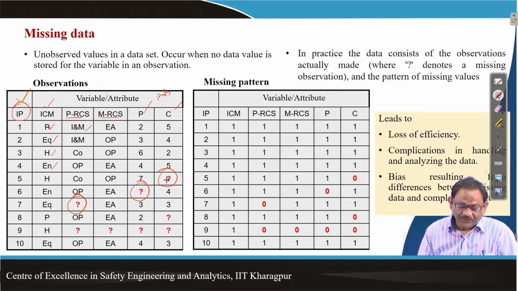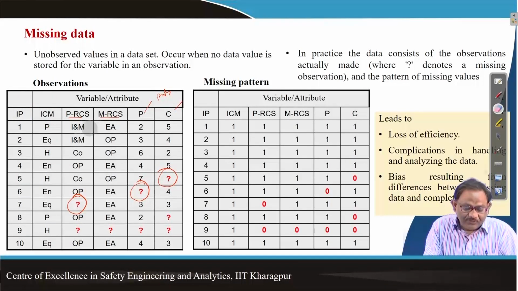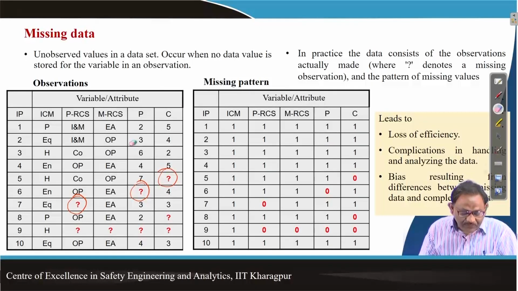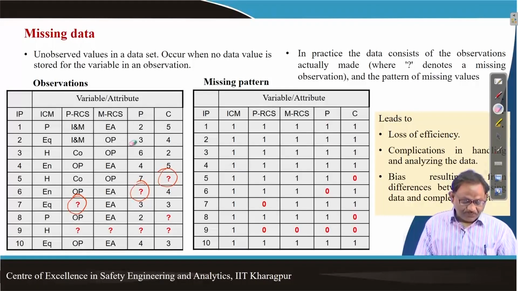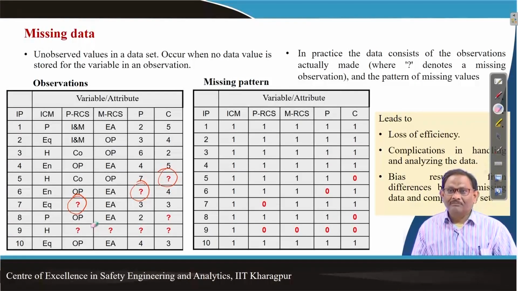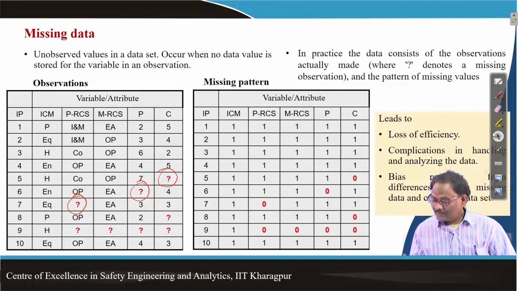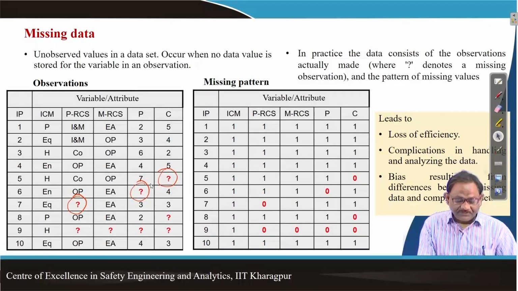You may find blanks instead of question marks. Whether blanks or question marks, usually when we talk about data with missing values, we understand it in this manner: there will be input data, attribute or variable values, and wherever variable values are not there, it will either be blank or a question mark will be given. So this is basically real observations.